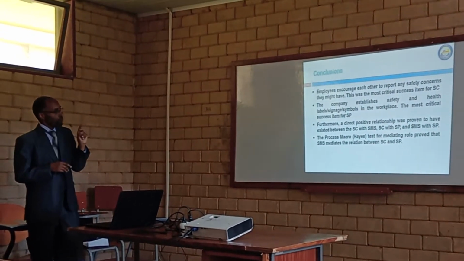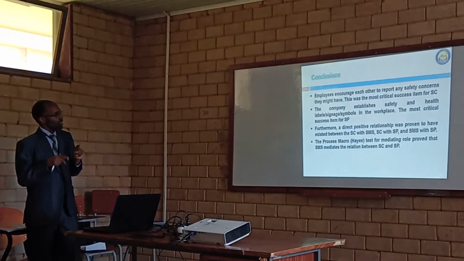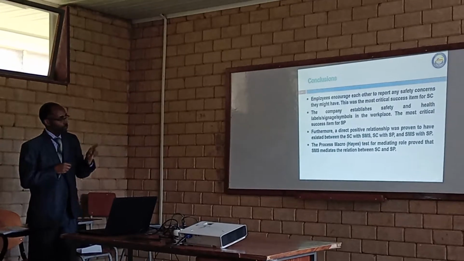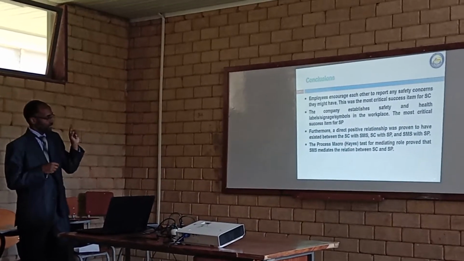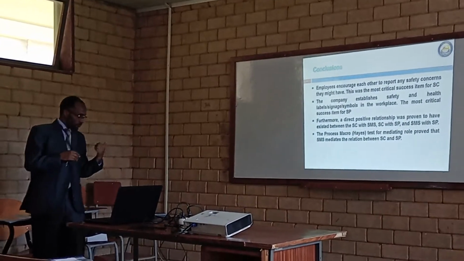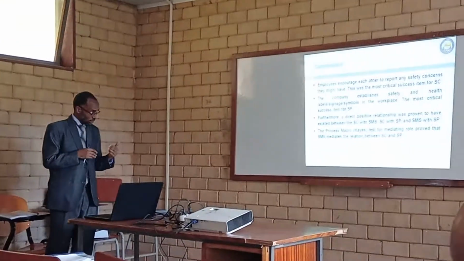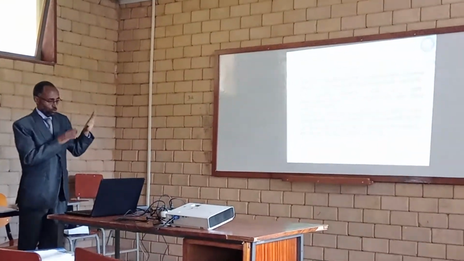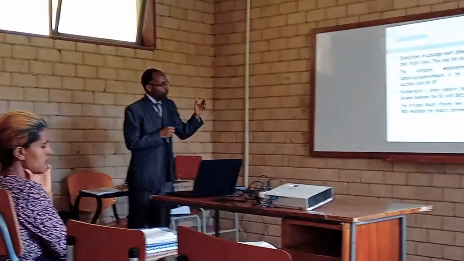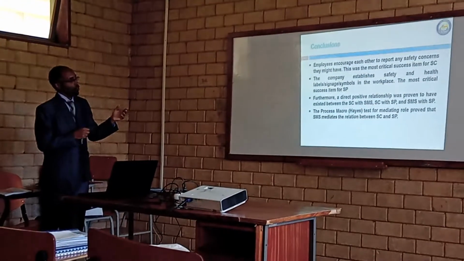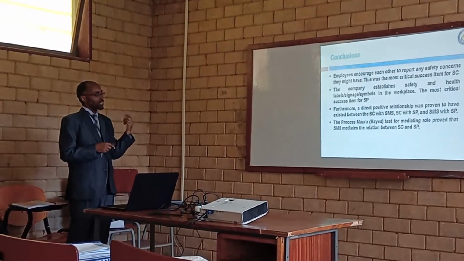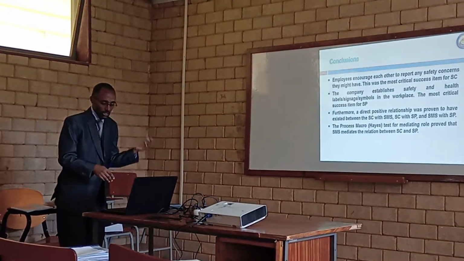This was the most critical success factor for safety performance. Furthermore, a direct positive relationship was proven between safety culture and safety management system, safety culture and safety performance, and safety management system and safety performance. This was already explained in my research. The PROCESS macro Hayes test for the mediating role proved that SMS partially mediates the relationship between safety culture and safety performance.